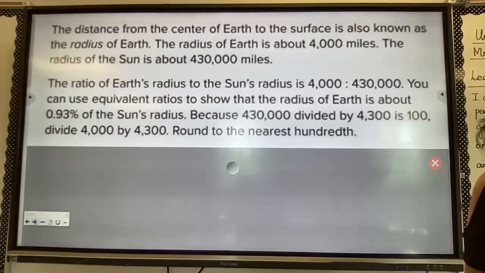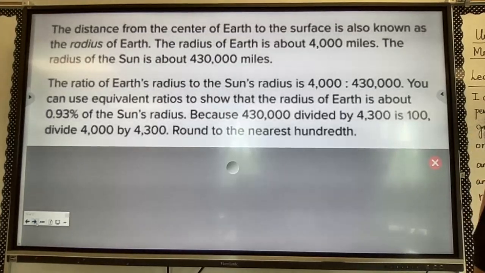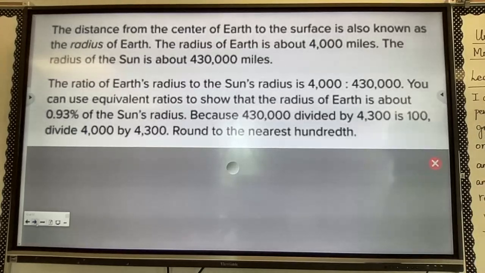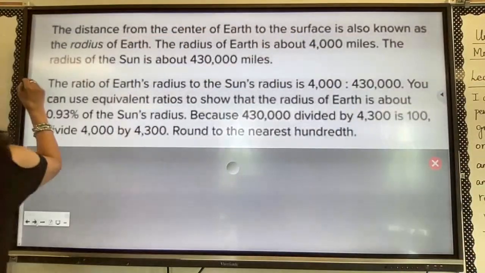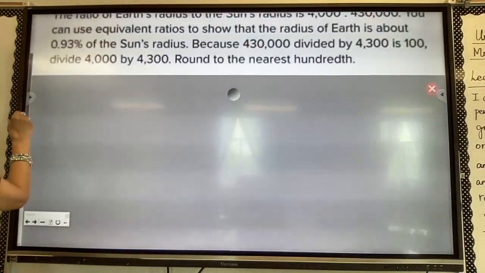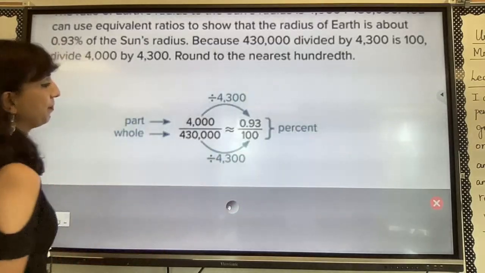Because if I divide 430,000 by 4,300, okay, what am I getting? I'm getting 100. And then I'm going to divide 4,000 by 4,300 and I'm going to round to the nearest 100. So let me explain what that means. Okay, so we're going to talk about part to whole. So just want to show that to you. So let's look at this. Look.